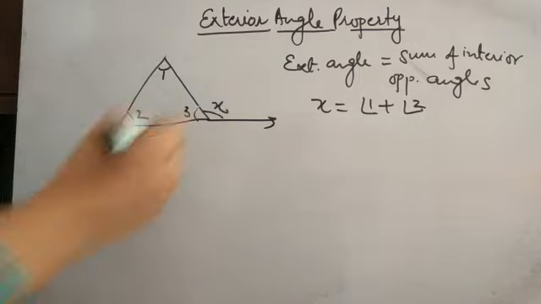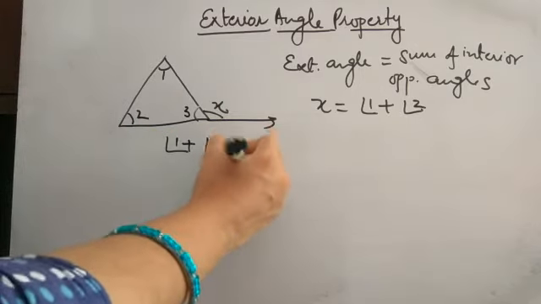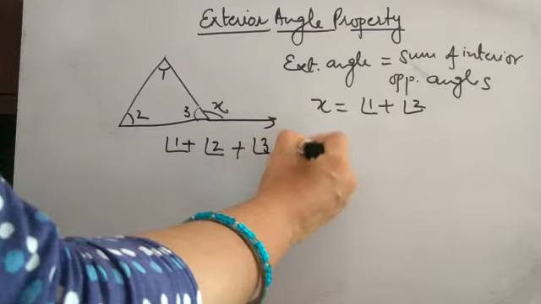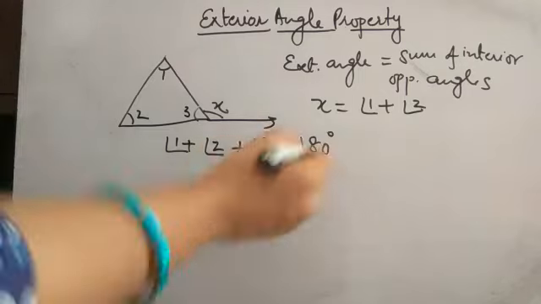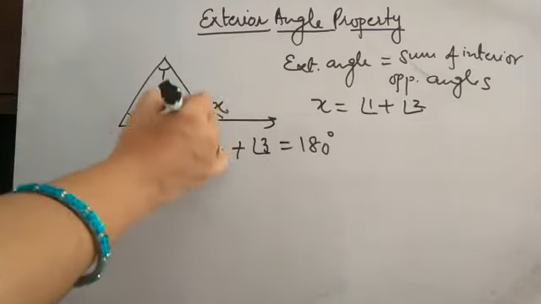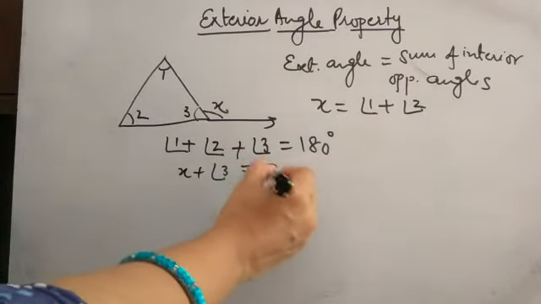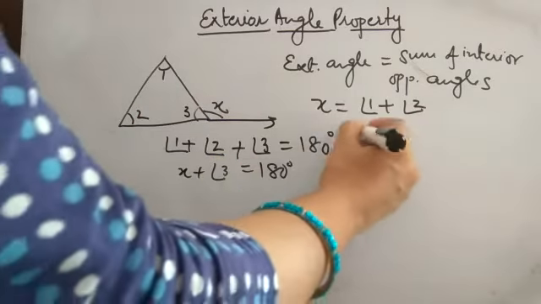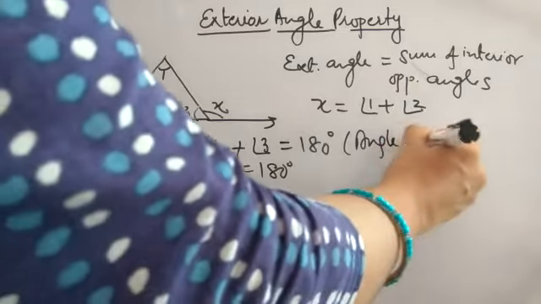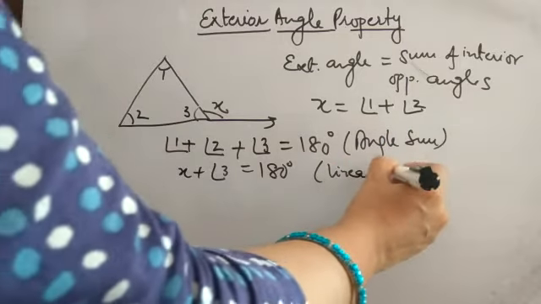Suppose this is angle 3. By angle sum property, you all know that the sum of the 3 angles of a triangle is 180 degrees, right? Now here angle 3 and x form a linear pair.